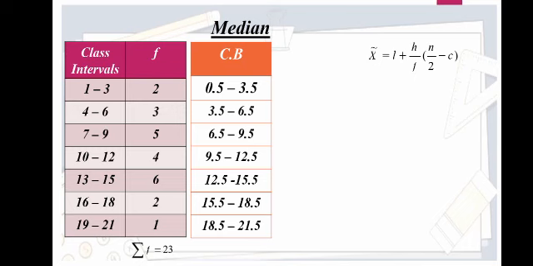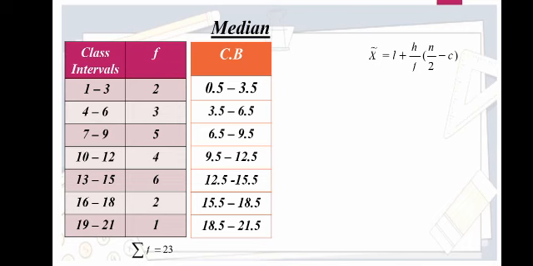In the fourth row, 10 minus 0.5 is 9.5, and 12 plus 0.5 is 12.5. In the fifth row, 13 minus 0.5 is 12.5 and 15 plus 0.5 is 15.5. 16 minus 0.5 is 15.5 and 18 plus 0.5 is 18.5. 19 minus 0.5 is 18.5 and 21 plus 0.5 is 21.5.